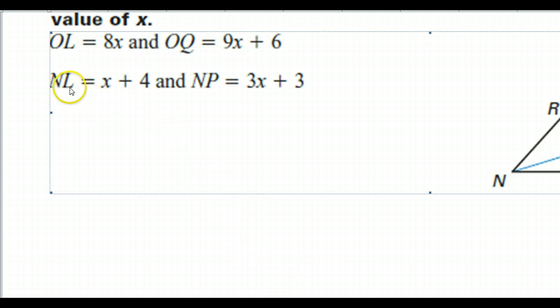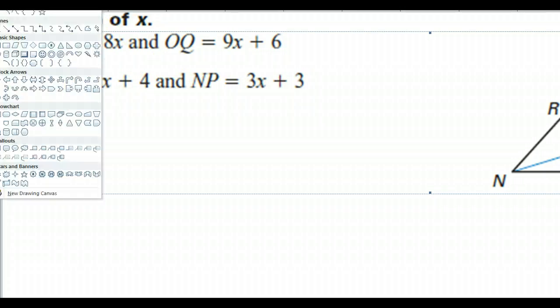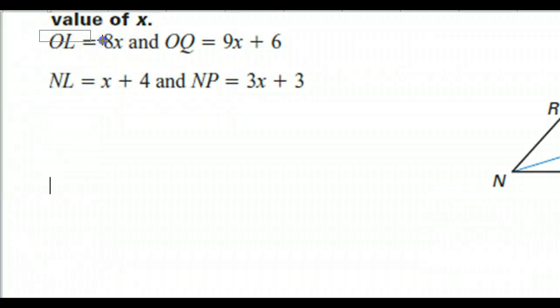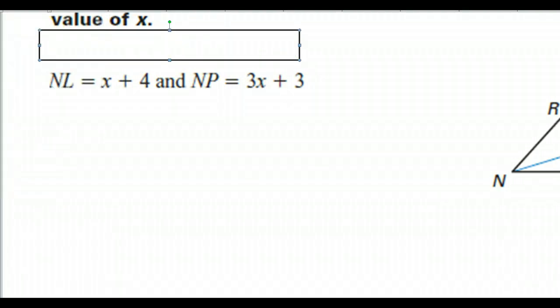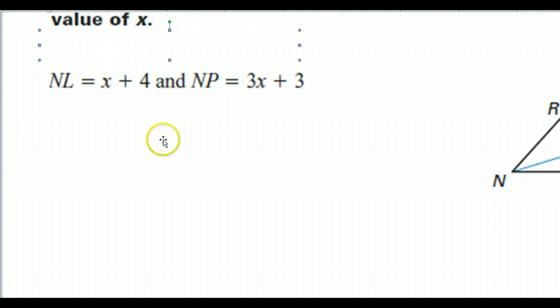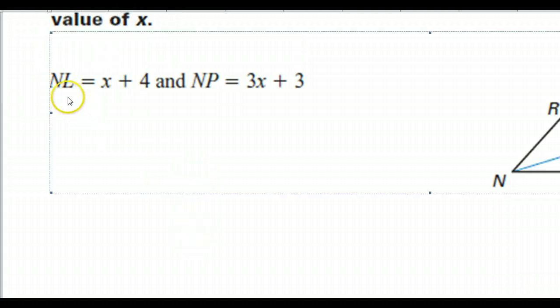Okay, so looking at the NL and the NP. You know what? I might cover the other one up too, just so we don't get distracted. Okay, focus on this. NL is x plus 4 and NP is 3x plus 3.